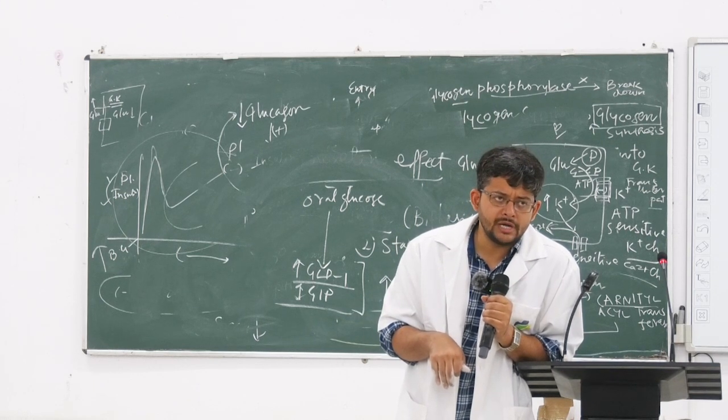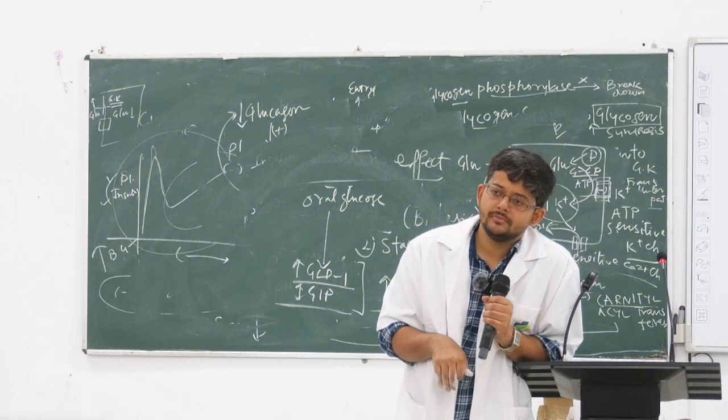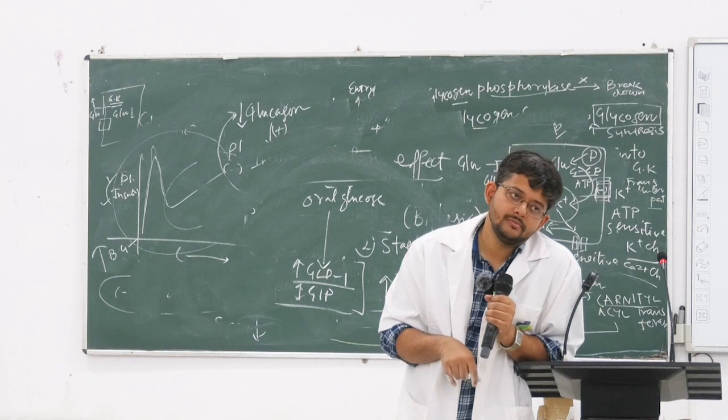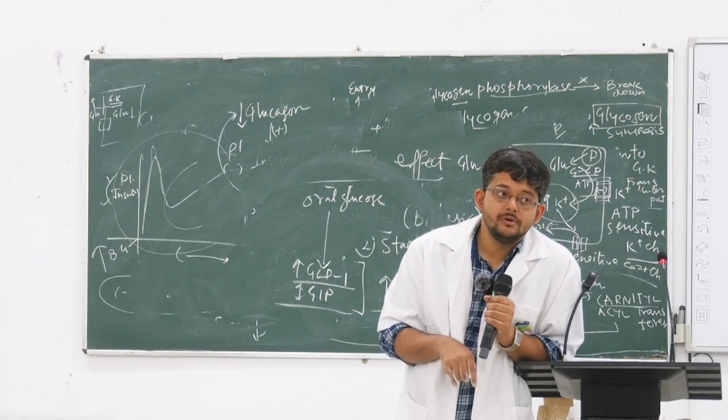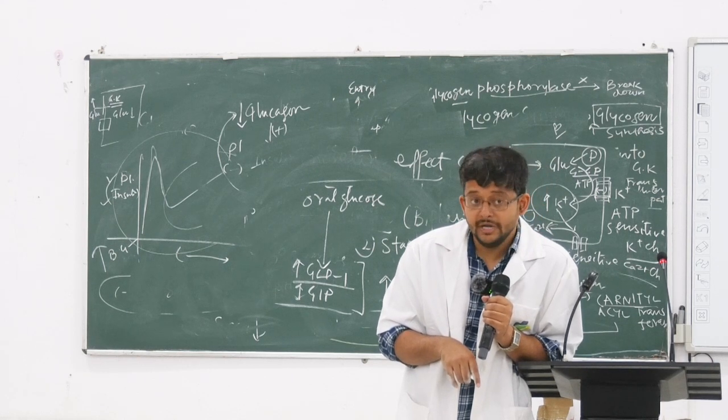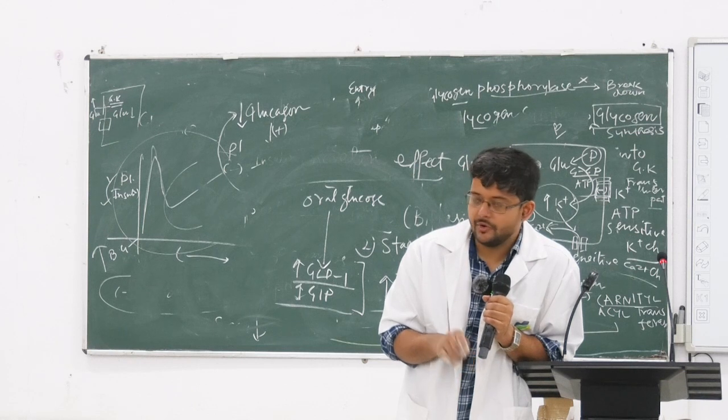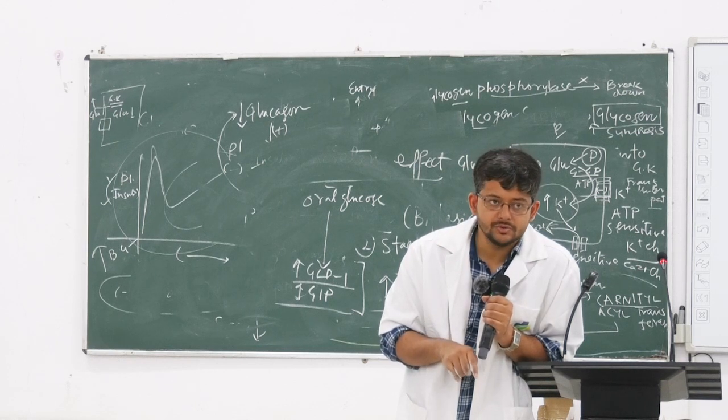নেম সেকেন্ড হরমোন দ্যাট রিডিউসেস ব্লাড গ্লুকোজ। হ্যাঁ, ডিরেক্টলি no. So any direct hormone that reduces blood glucose.